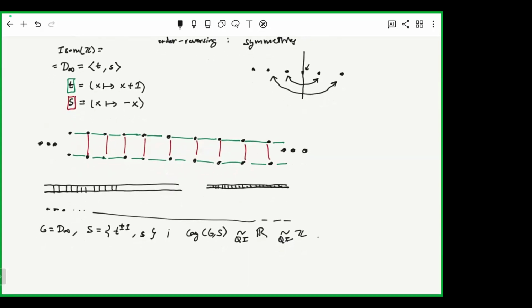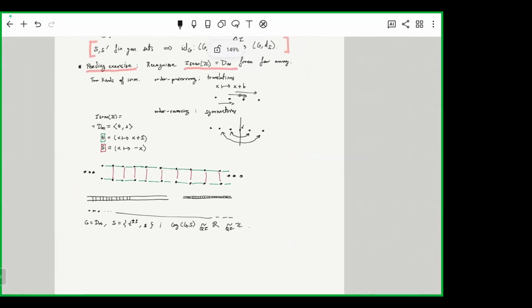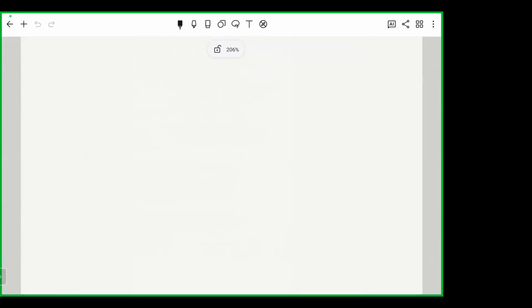Oh yes, so let's be very precise. What are these points, these elements of the group? On one row, you will have the order preserving isometries. On the other row, it depends. So let's be precise here. Let me write the set of isometries explicitly.